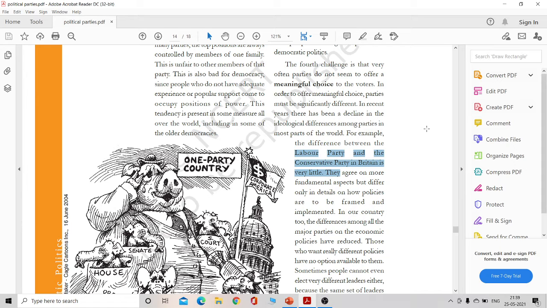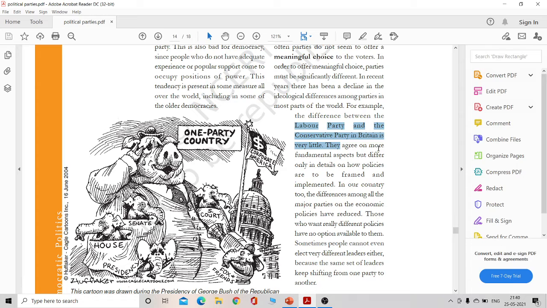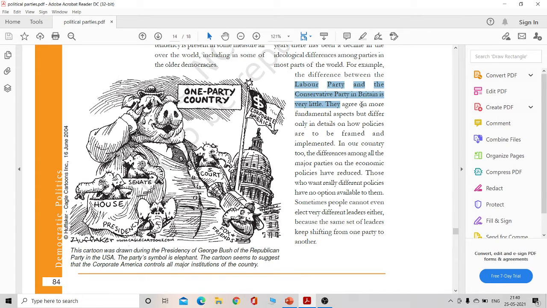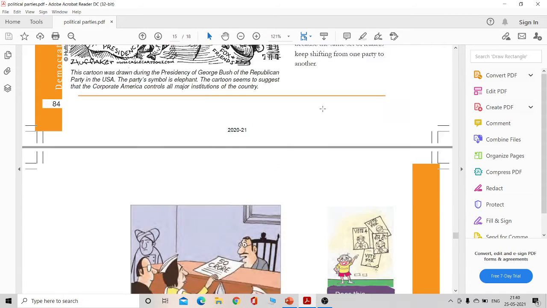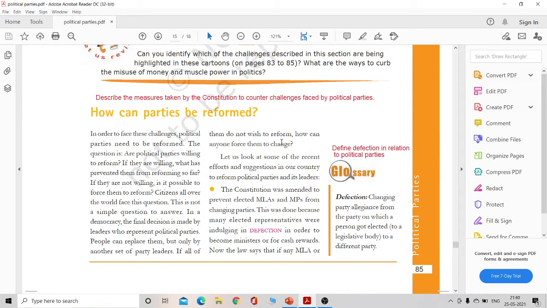The Labour Party is mostly left-leaning, while conservative parties tend to be right. So both should be left and right respectively, but in reality they seem to be on the same page. Because they agree on the fundamental aspects, there is not much difference at all, right? So this is also a challenge. People don't get a choice as far as political parties when elections are concerned, right?